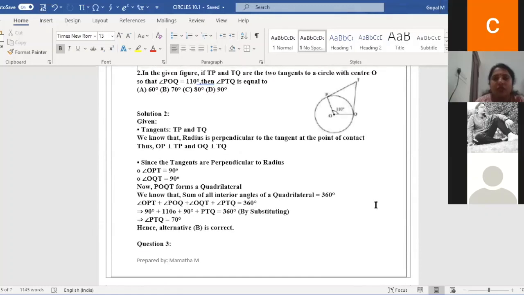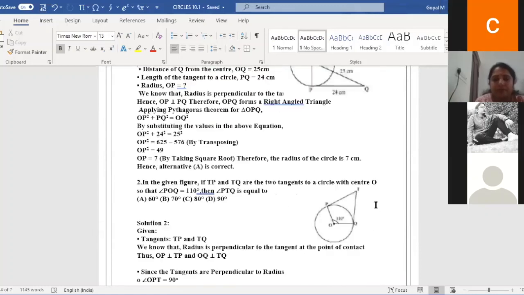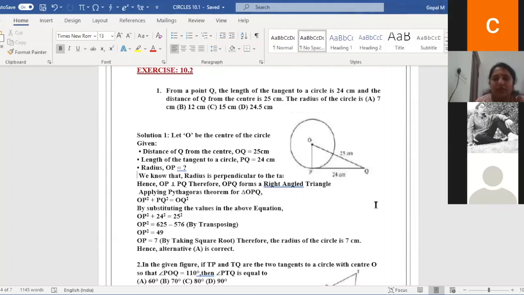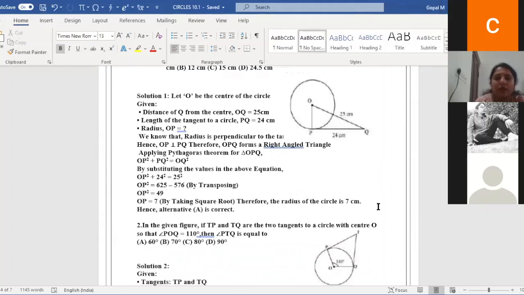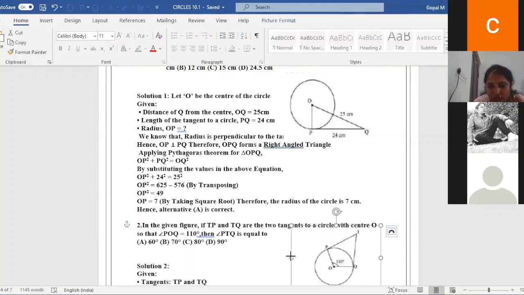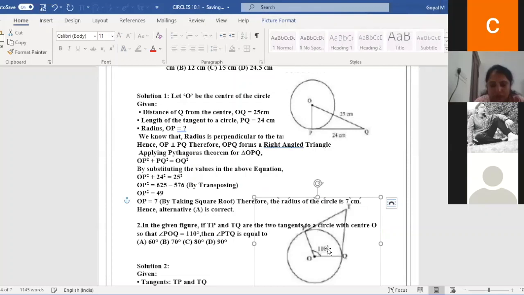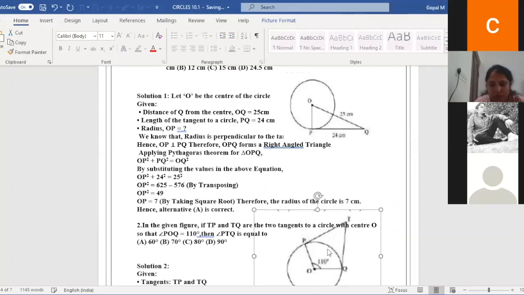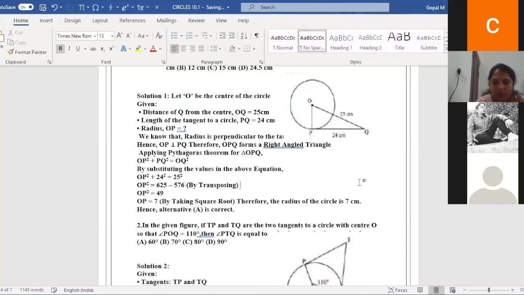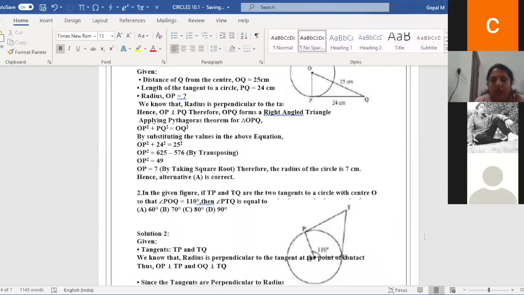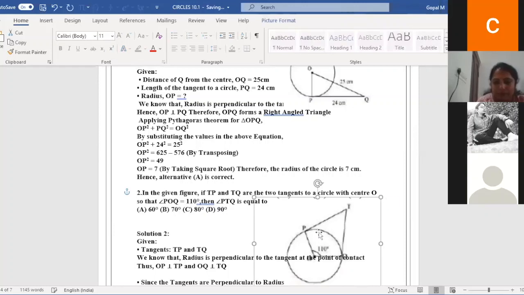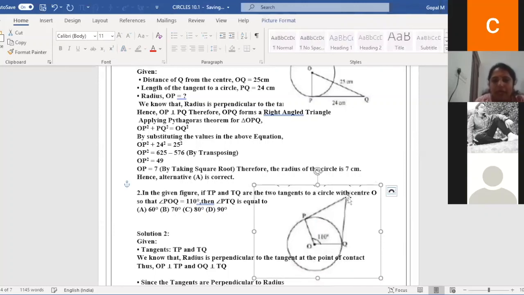Second question. First I'll explain, then I'll show the answer. In the given figure, PT and TQ are the two tangents to a circle with center O and angle POQ.